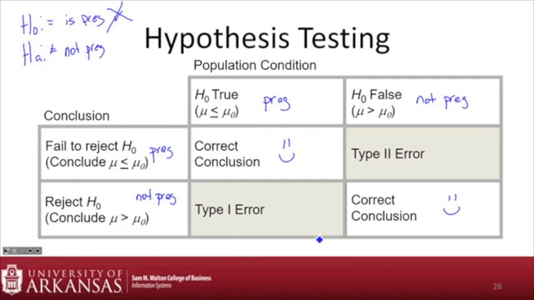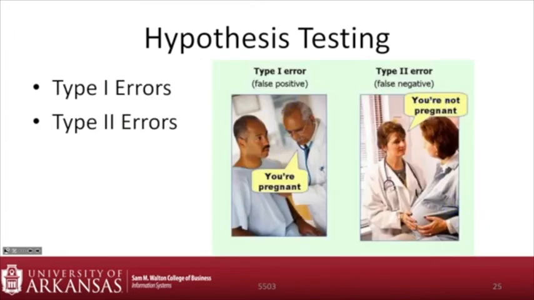What if you're pregnant and the test tells you you're not pregnant? Do it again. Okay, that's your type 1 error. So when the null hypothesis is true, but you rejected it, and your statistical test says, no, you're not pregnant, then that's the type 1 error. Right? If we look back here, that's that false positive.